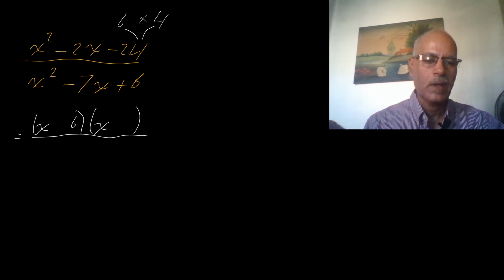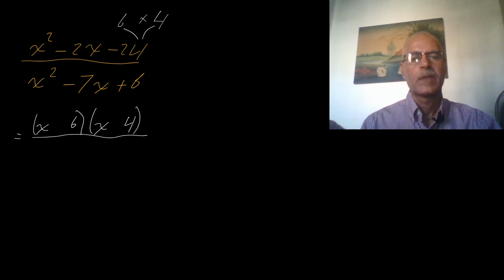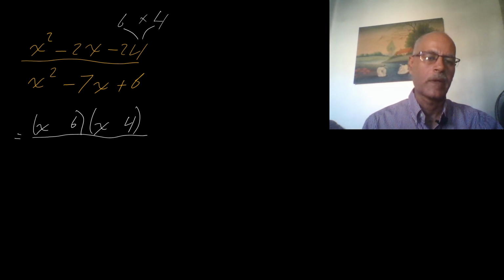The sign of the last term is negative. So the two signs of the brackets are different and the greater one takes the middle sign. The greater one here is 6. It takes the middle sign, negative, and the other is positive.